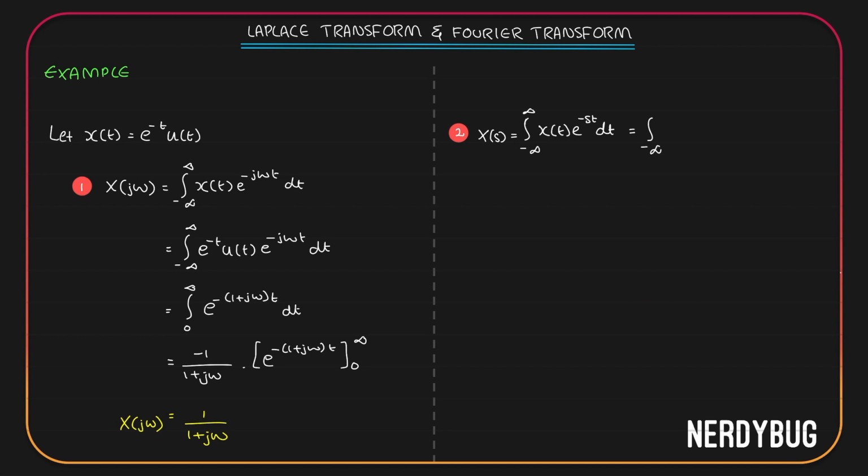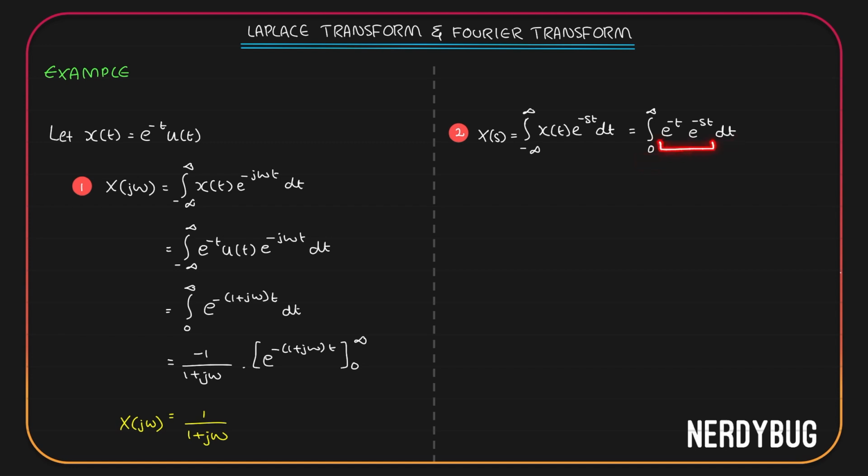So we get the integral from minus infinity to infinity of e raised to minus t u of t e raised to minus st dt. But then again we have u of t here, so we don't have to integrate from minus infinity to infinity. We will rather integrate from 0 to infinity, and from 0 to infinity u of t is 1. So this equation becomes the integral from 0 to infinity of e raised to minus t e raised to minus st dt.